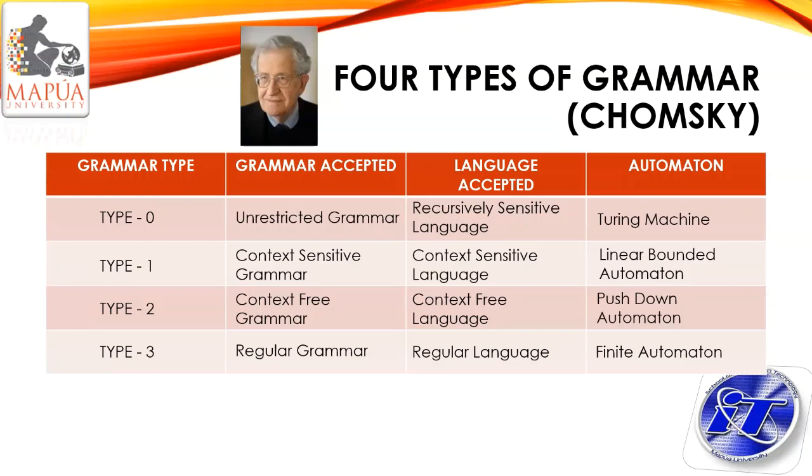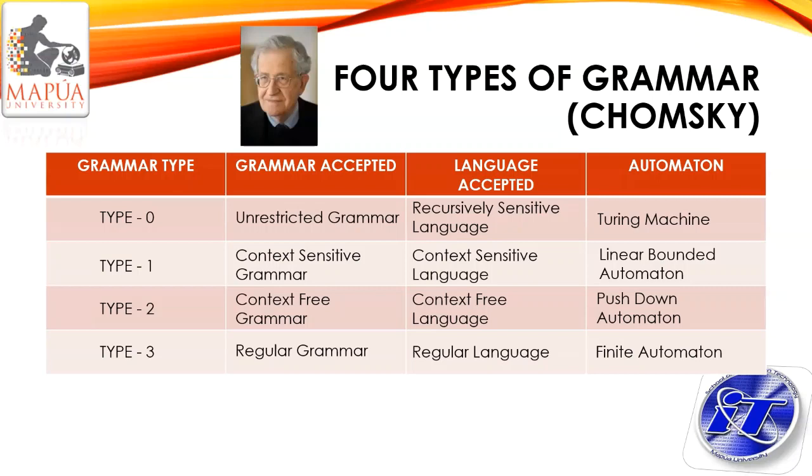Then type 2, context-free grammar, that we're going to discuss on the next video lecture. Then type 1, context-sensitive grammar. And type 0, unrestricted grammar, that will be accepted by Turing machine. Turing machine will be discussed on the last part of the term.